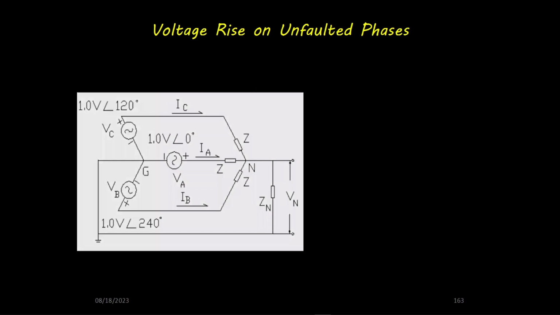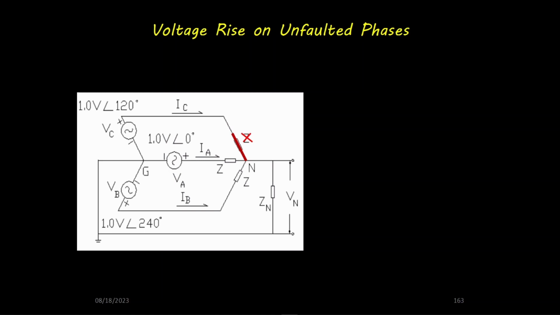In a Y-connected network, you have two load elements connected across two phases. In the drawing, ZA and ZC are connected across VA and VC. If we have a line to neutral fault, ZC is shorted out. If the Y circuit is ungrounded, this puts VA plus VB across the single element ZA.